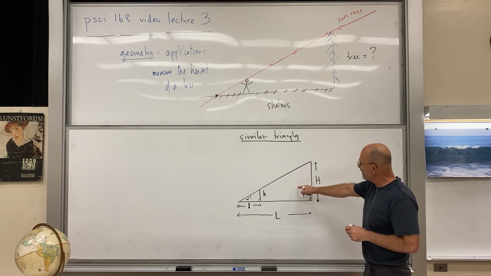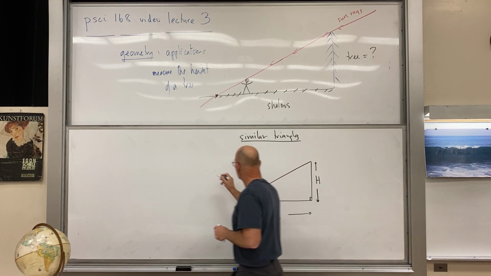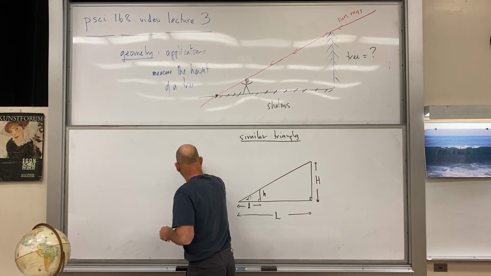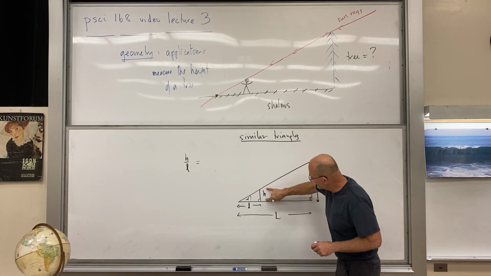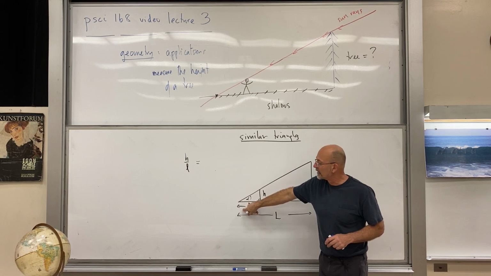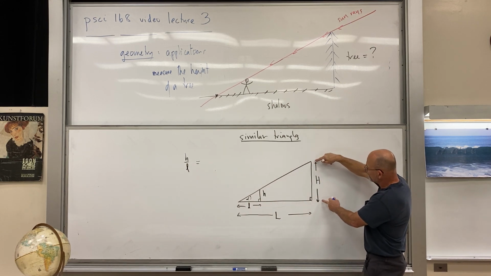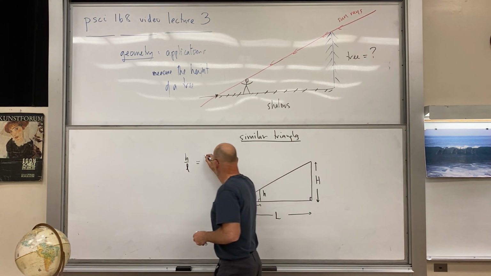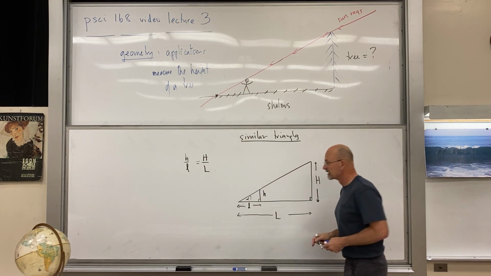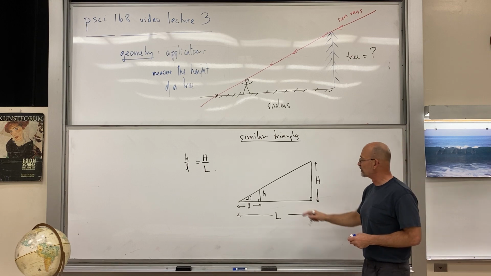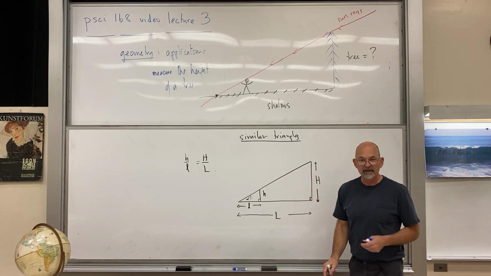So we have these same ratios, namely h divided by l is, because it's a similar triangle, equal to capital H divided by capital L. It would be true for any intervening triangle that we make as well.